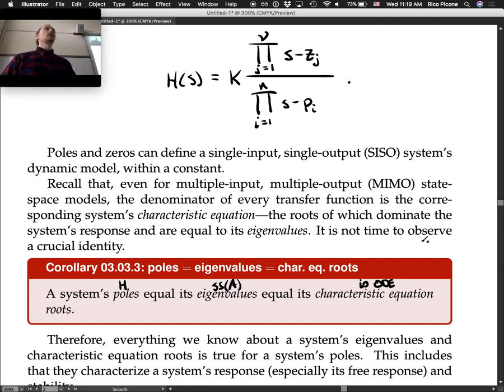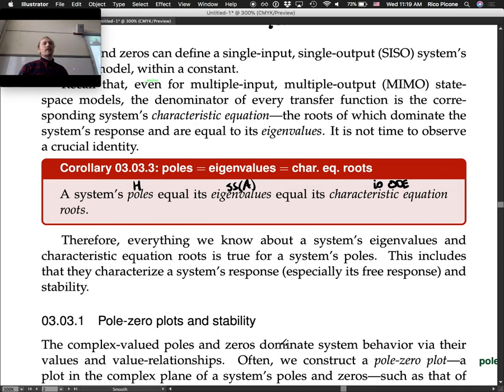If I was to transform this into that representation, I would just see these are the roots of the characteristic equation. Similarly, you would see that the transfer function poles are equal to those same eigenvalues. So, pretty cool. Therefore, everything we know about a system's eigenvalues and characteristic equation roots is true for a system's poles.